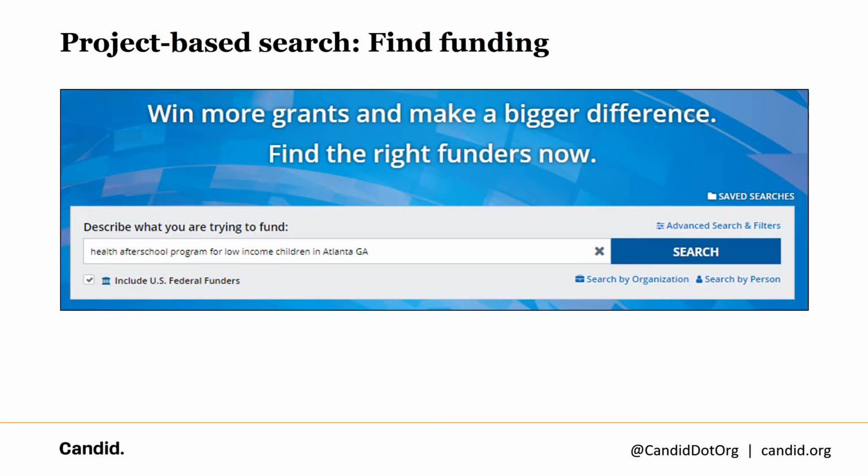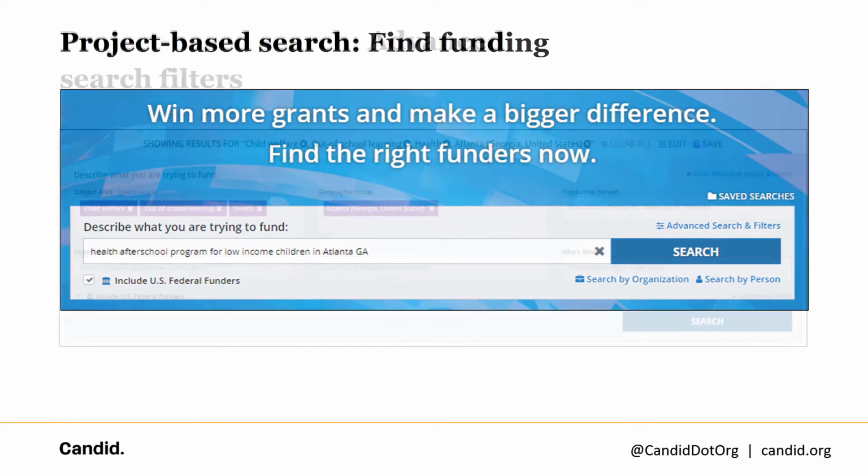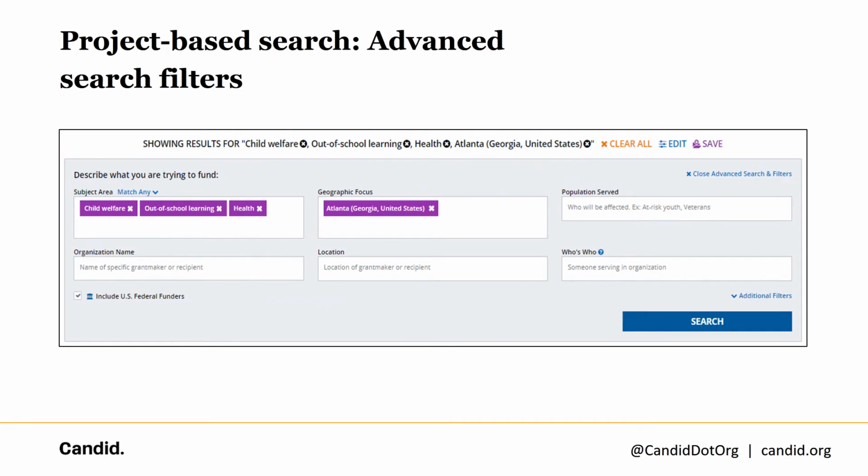So we've just put in health, after-school program, low-income children, Atlanta, Georgia. So once you select search, it will go through and find terms that match what you've typed in.